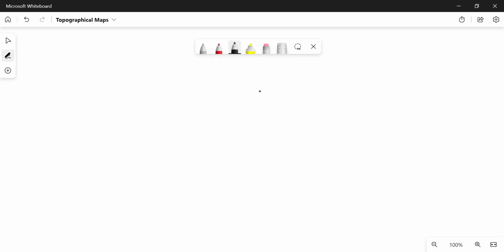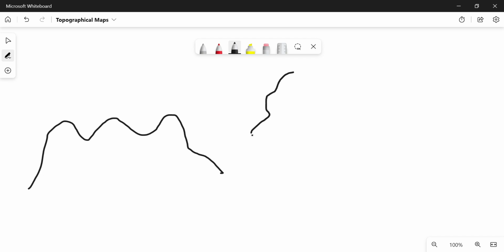Now, how do I draw a ridge like this? We have to make this a little bit smaller because this is going to be big like this.